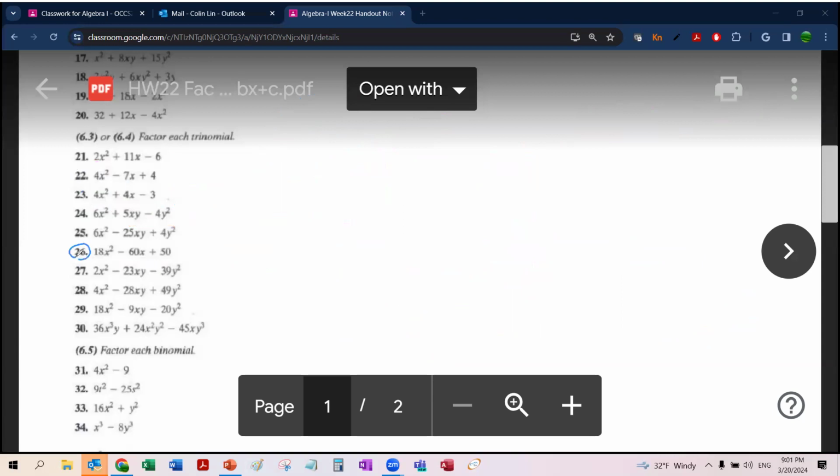So 26. This part we can take 2 out, because you can see 18, 60, and 50. So we take at least 2 out first. So we get 6x squared minus 30x plus 25, right? All right, so take 2.